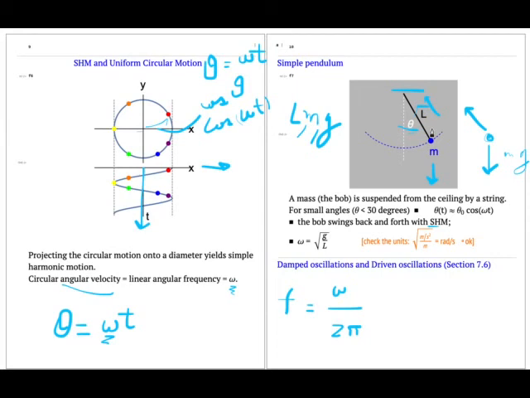They will oscillate together in complete phase with each other. That's a fact that was discovered by Galileo. It's not exactly true. It's true for small oscillations.